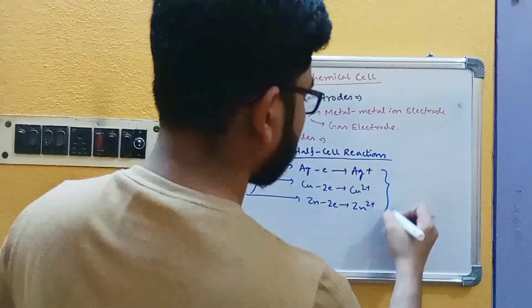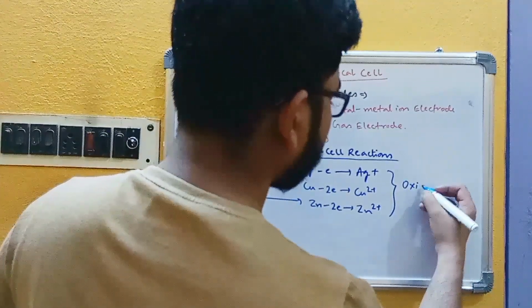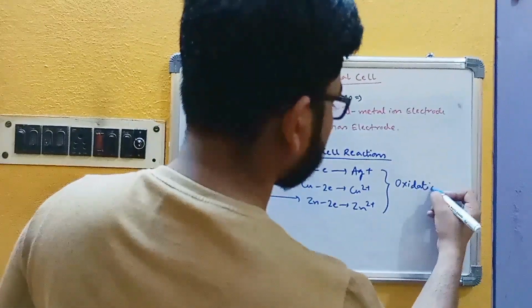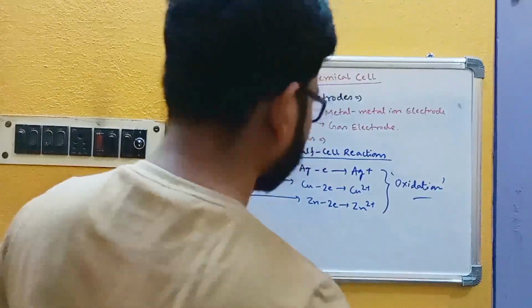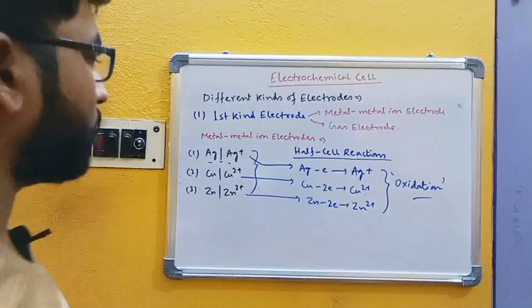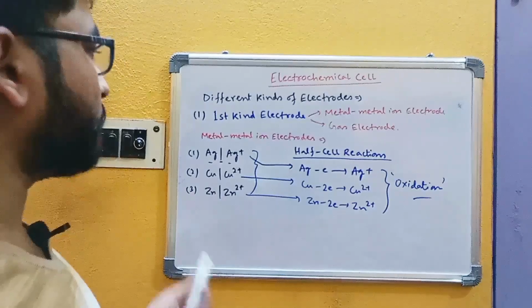So here you can see that all these three half cell reactions correspond to oxidation. So these are the examples of metal ion electrodes, which is a first kind electrode.